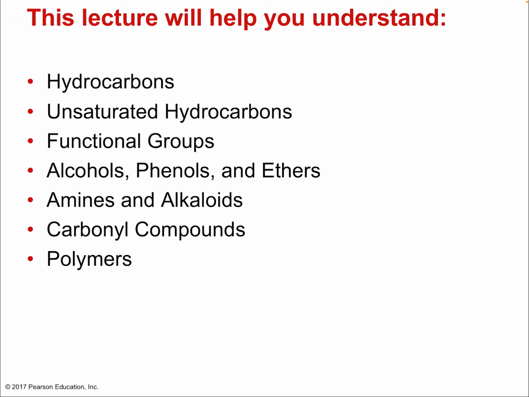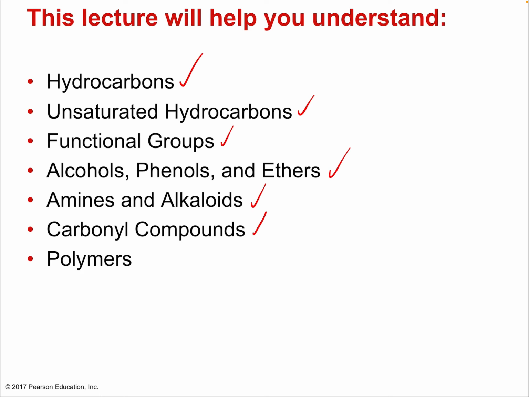We're going to talk about hydrocarbons. So what does that mean? What does a hydrocarbon look like? We're definitely going to want to distinguish between saturated and unsaturated hydrocarbons, something you're going to be responsible for. The general definition of a functional group, but we're not going to get into it too much. We're going to look at examples of alcohols, phenols, and ethers. Also, we're going to look at examples of amines and alkaloids and carbonyl compounds.